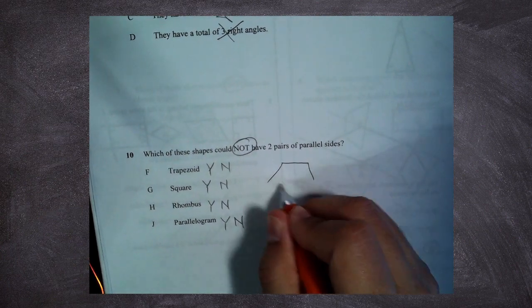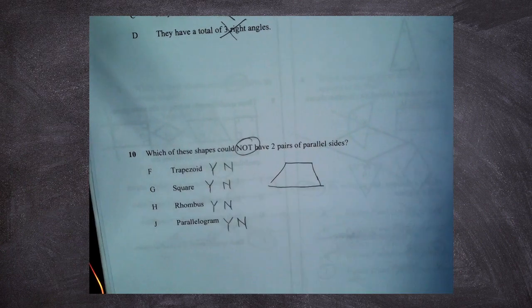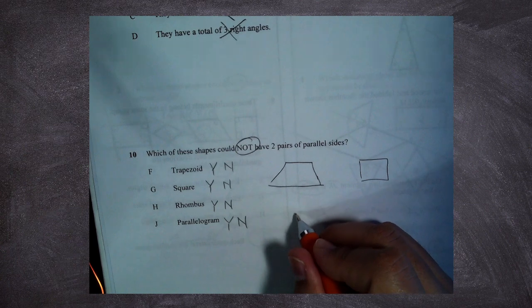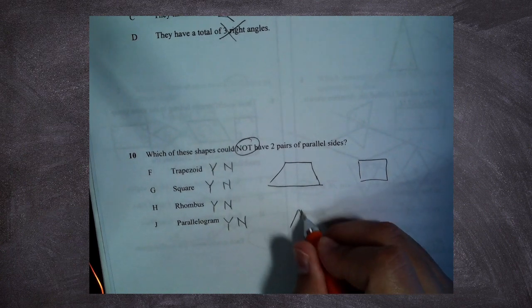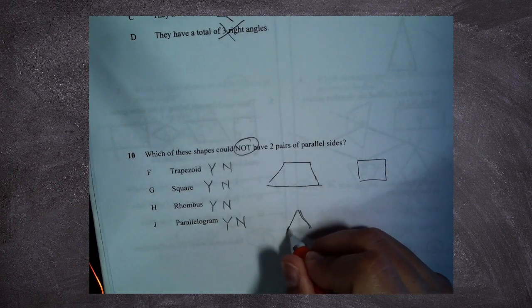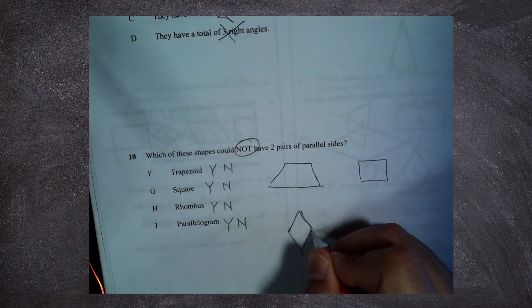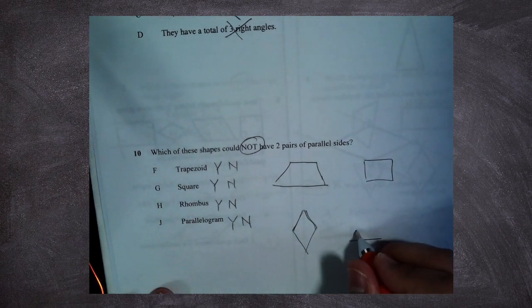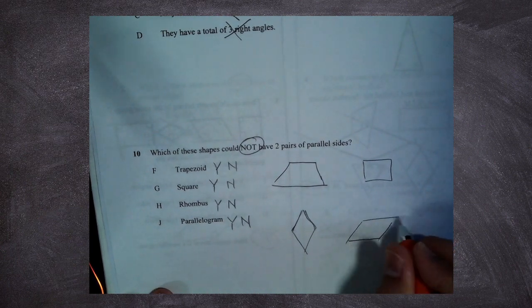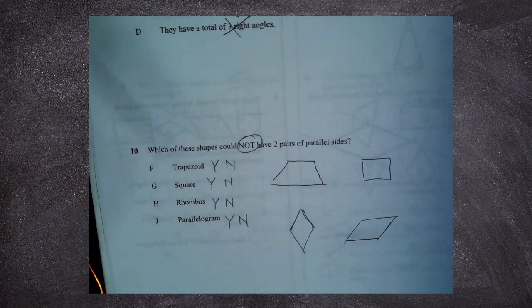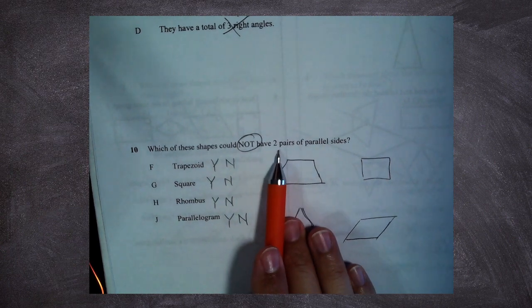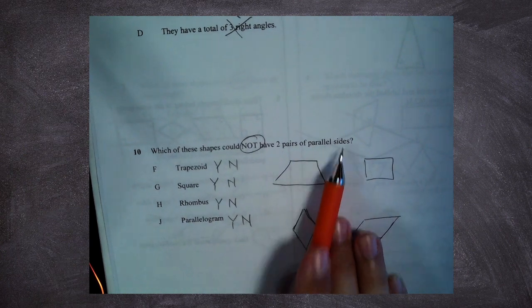Trapezoid. Square. Rhombus. Parallelogram. And they're looking for 2 pairs of parallel sides.